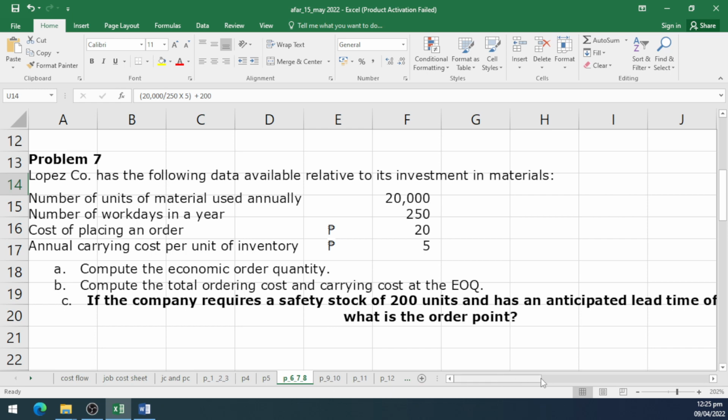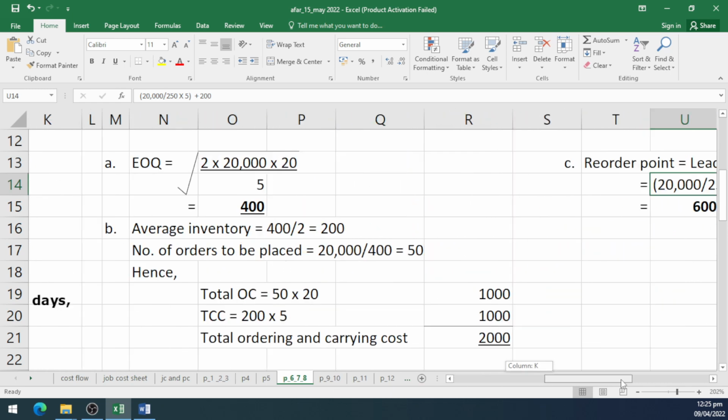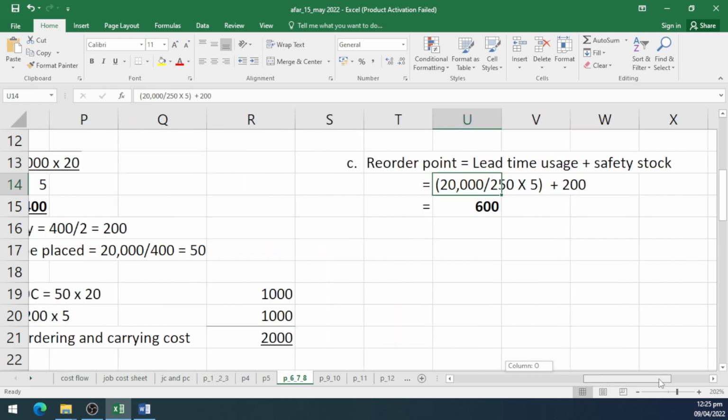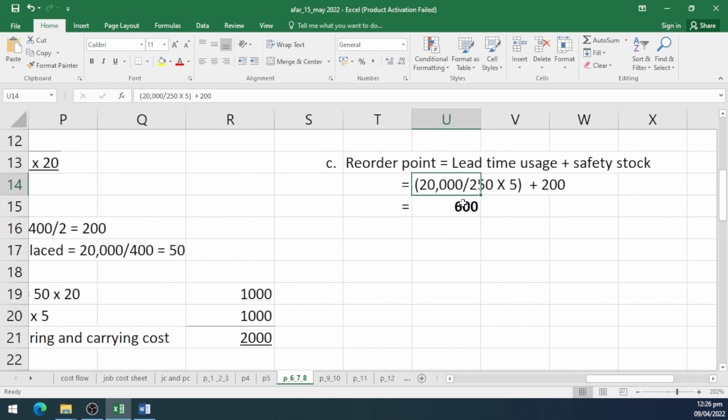So kung lead time natin ay 5 days, 5 times 80, that's 400 plus the safety stock na 200, yan po yung ating reorder point. So if inventory of raw materials falls to 600 units, ayun, kailangan mag-place ng order.